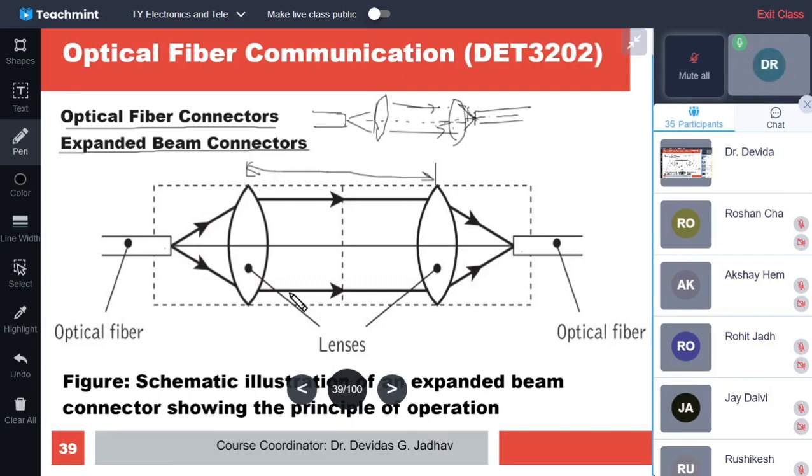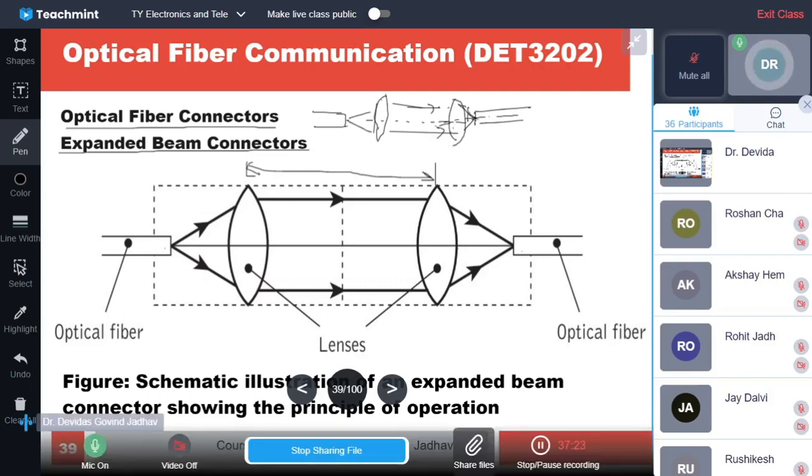Similarly, look at the distance between the fibers. It is a large lateral distance, so even then lateral misalignment is not an issue. Why? Because all the divergent light is collected by the lens, as the lens dimension is very large compared to the fiber.